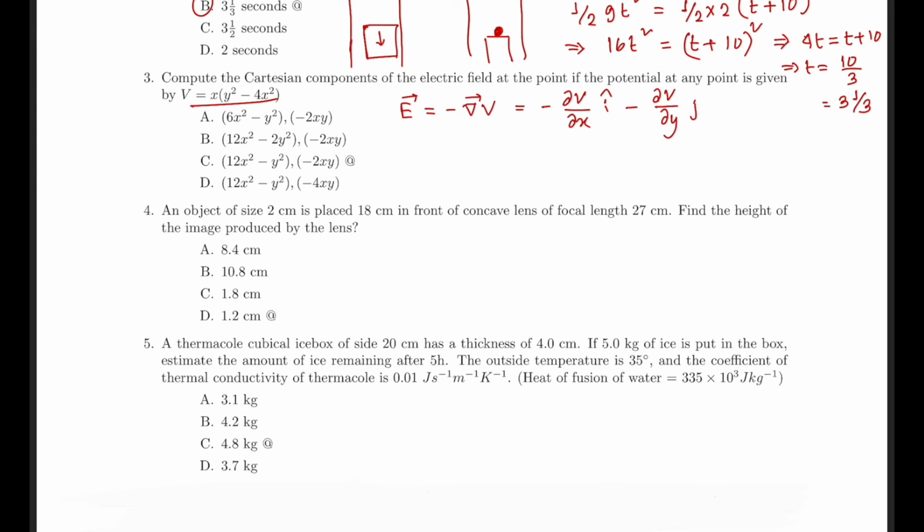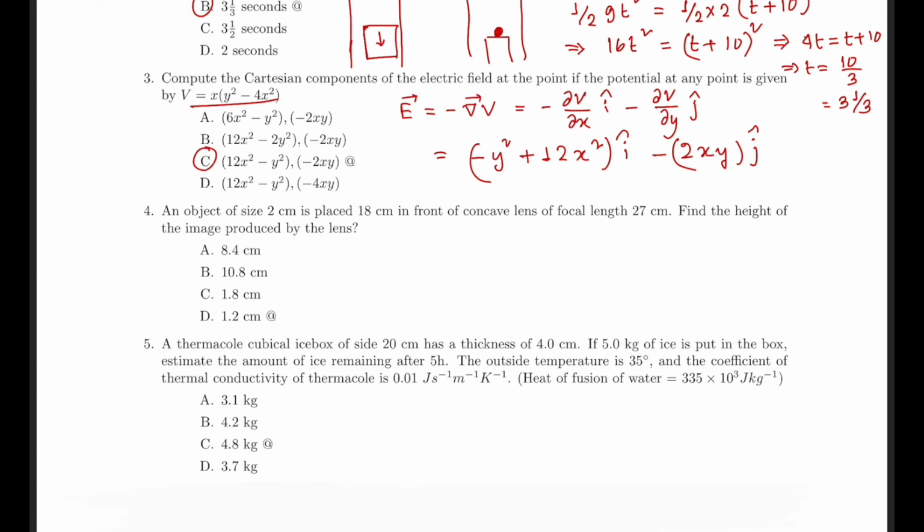If you take the derivative with respect to x, you will get minus y square plus 12 x square, whole thing into i cap, and if you take the derivative with respect to y, you will get minus 2xy j cap. So the components are option C.